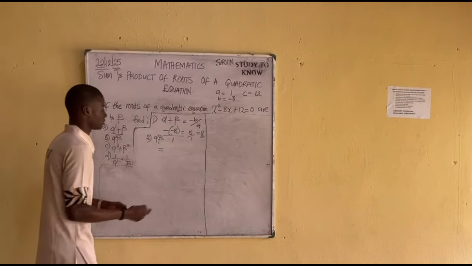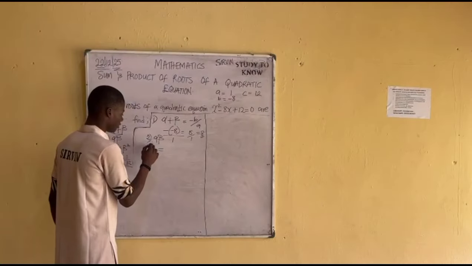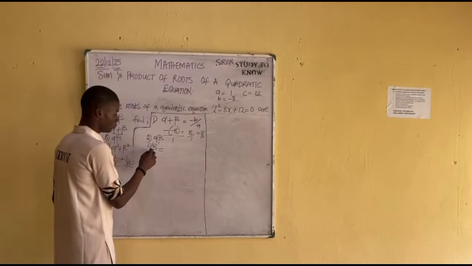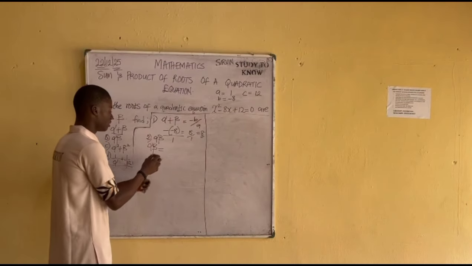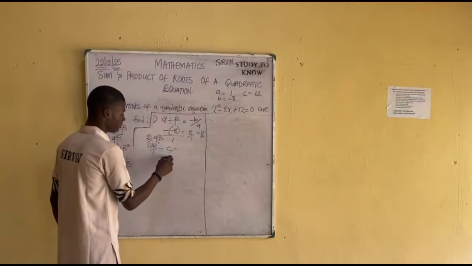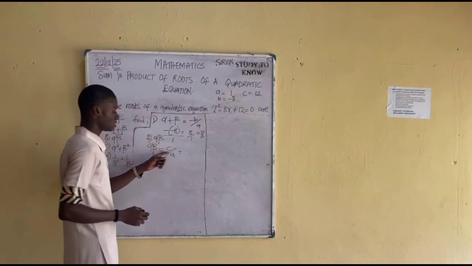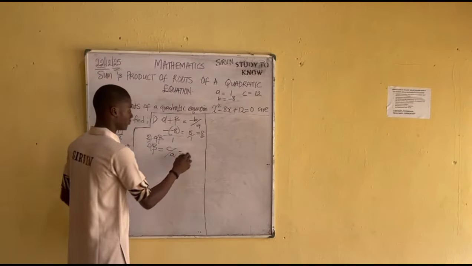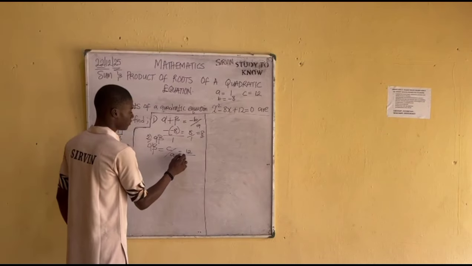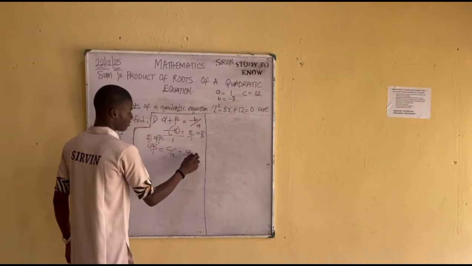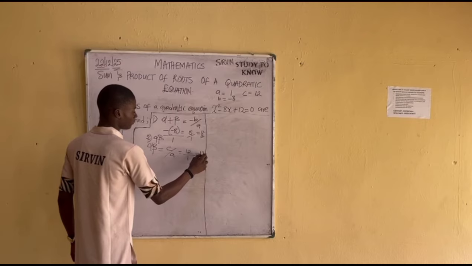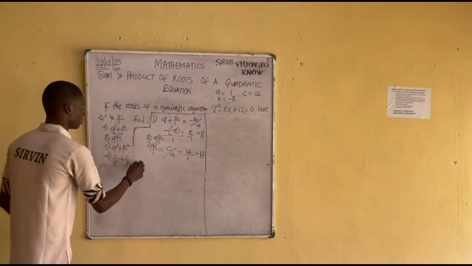If you multiply alpha times beta, you have alpha beta. And the formula is C over A, where C is the constant term, which is 12, and A is the coefficient of x squared, which is 1. So 12 over 1 will give us 12.